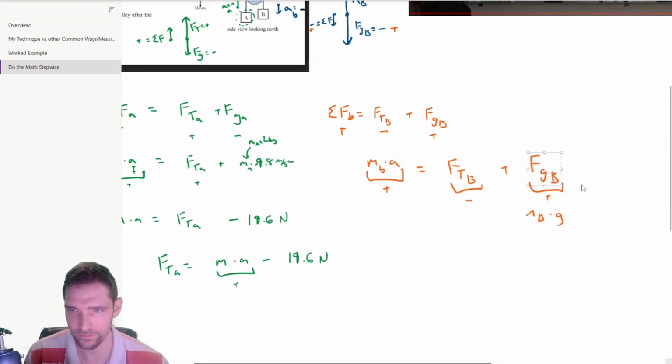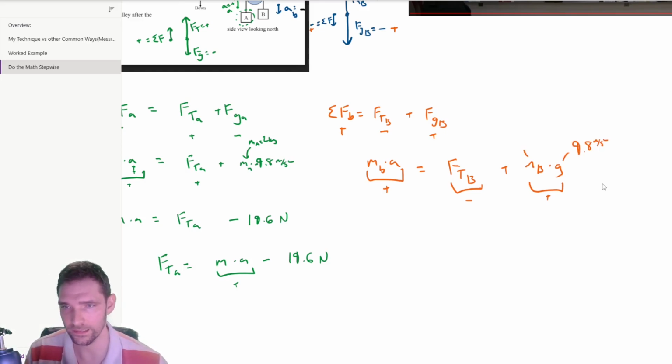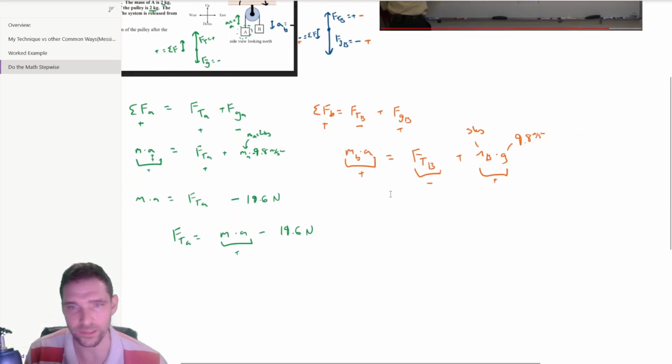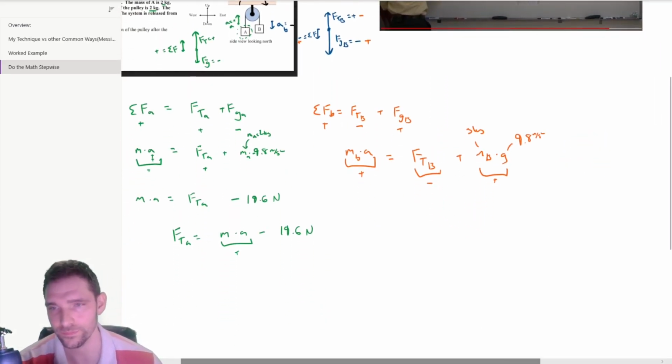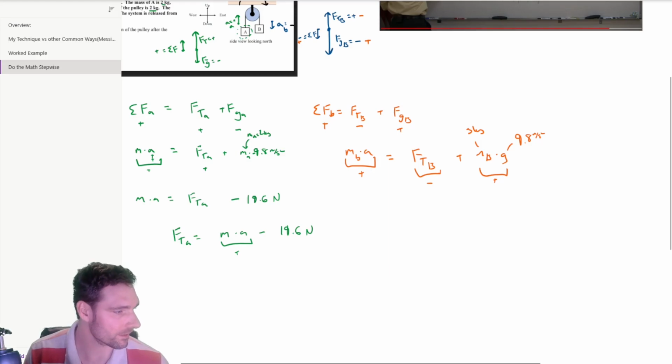This whole thing is just going to be the m times b times g, but it has a positive value there. And that was that 9.8. And this was the 3 kilograms for the weight of B. So B is weighing a little bit more than A. Hence that slight difference there. So we got our slightly different but very similar numbers there.